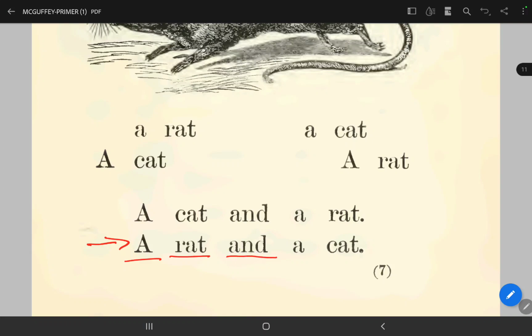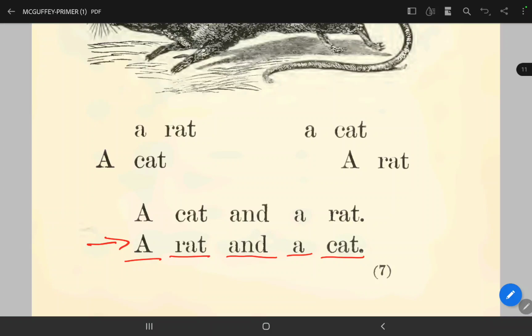Next word, A-N-D. Start with the English short A, and the classical N, an, and add the D, and. Then you have your one-letter word A, and you have this word over here, C-A-T.